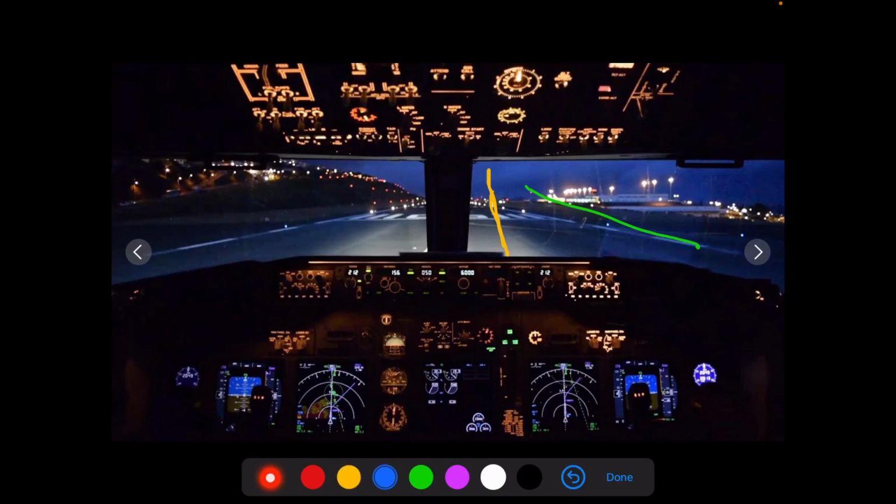So if these two need to be parallel, we need to prove that the slopes of these two lines are equal. That is m1, the slope of this line, is equal to m2, the slope of this line. If these two slopes are equal, we can say that these two lines are parallel.